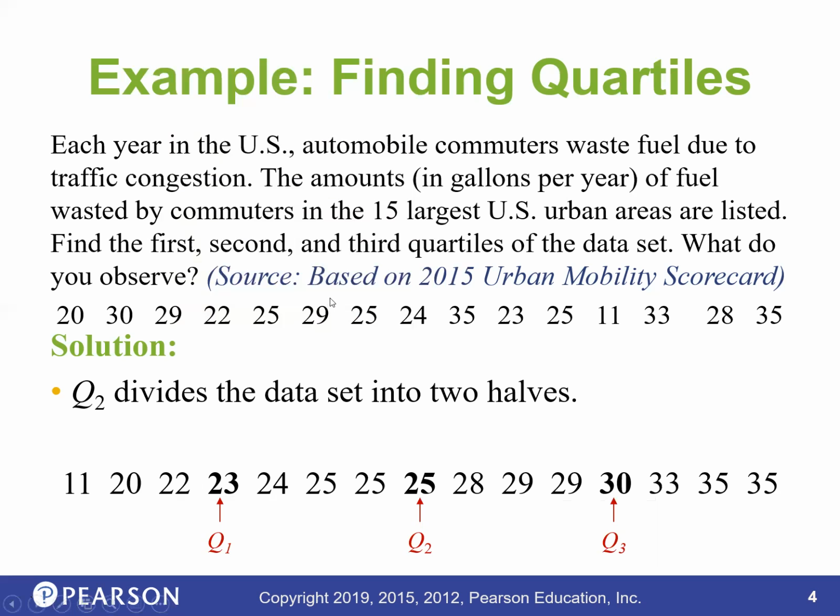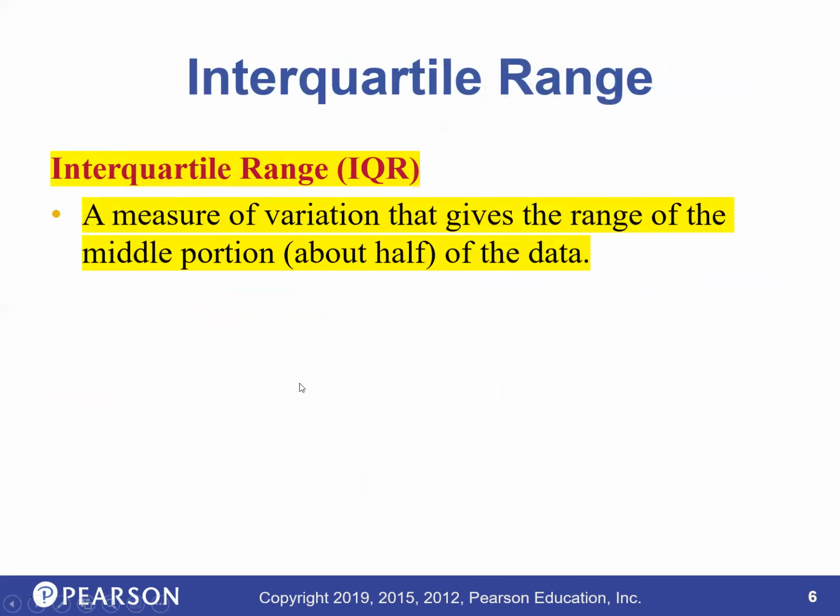But first, one more definition: the interquartile range, the IQR. It's the measure of variation that gives the range of the middle portion. About half the data falls here.